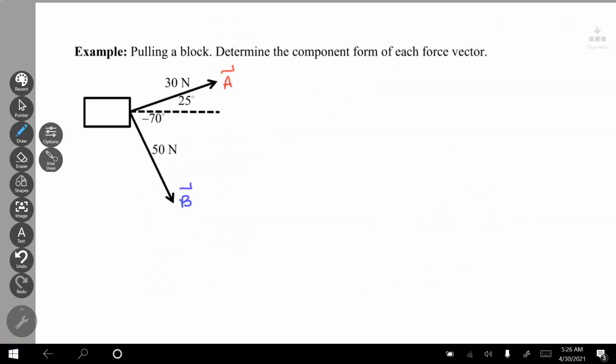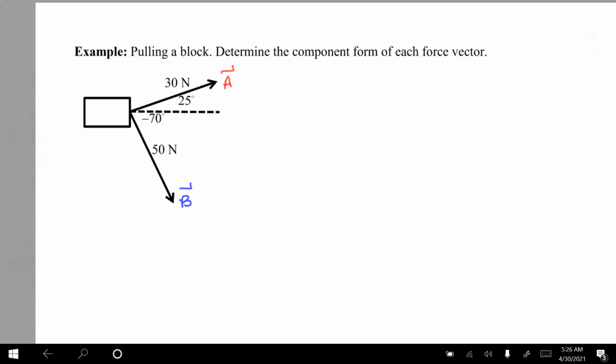So this last page is just more examples of going from having our vector and our direction, our magnitude and direction, and making it to components. This is going to be very helpful tomorrow when we start using applications of why we do vectors and why we break them up into components.